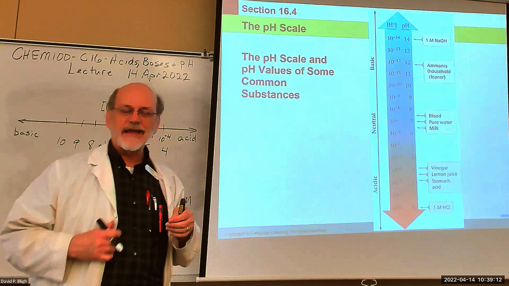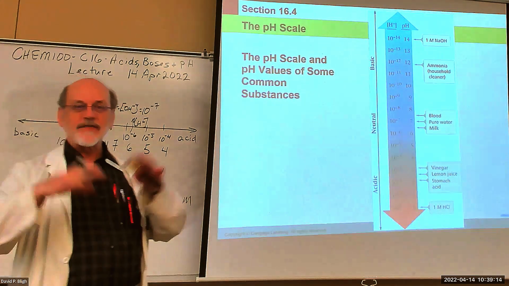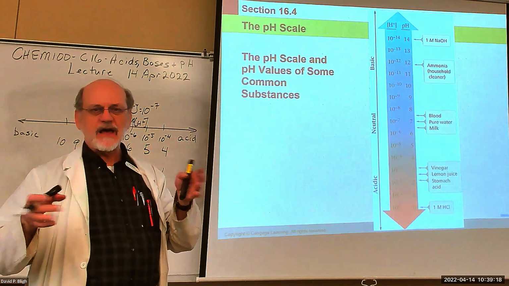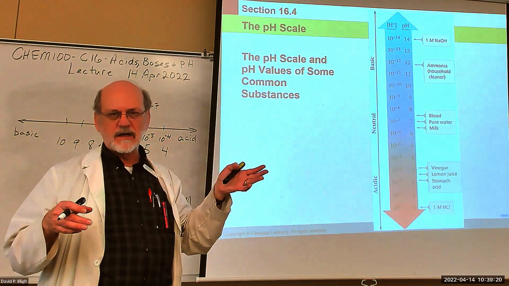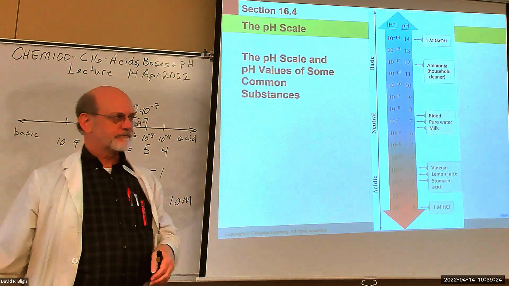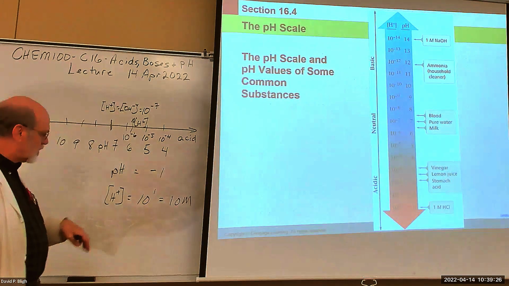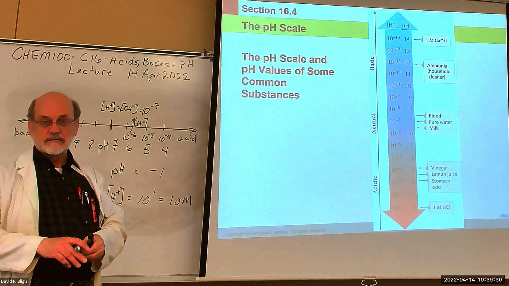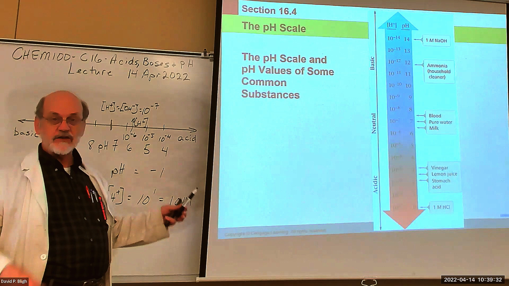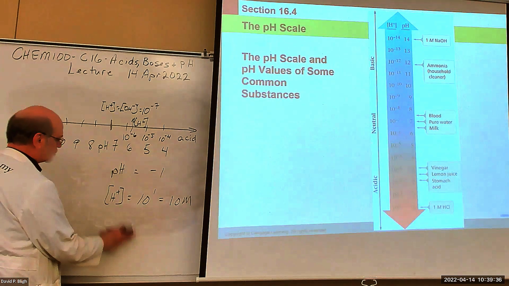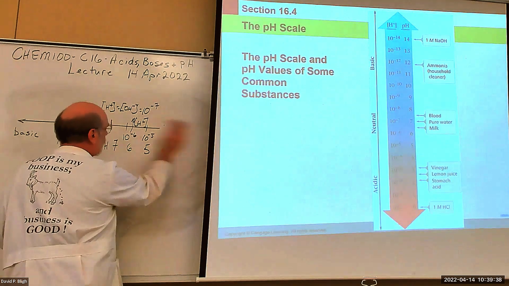And he rarely encountered pHs outside the range between, say, 2.5 to 11 or 12, always in that range. But mathematically speaking, you can have a negative pH, right? Simply because of the nature of the transformation. All right.